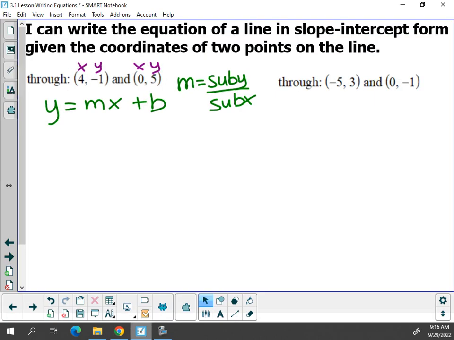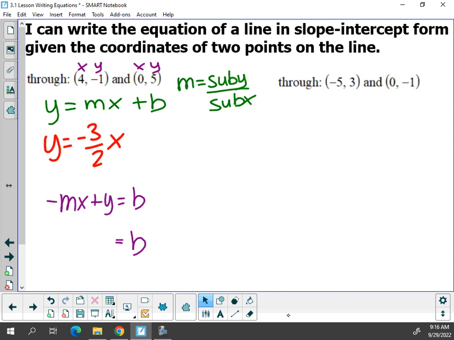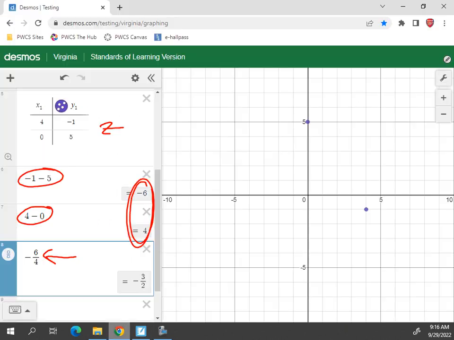And so we know that our slope is -3/2, so I can start building my equation. And then I'm going to use that negative mx plus y equals b to figure out what b is. And so we needed an x and a y. In this case, we can use either of these x's or y's. I'm just going to use 4 and negative 1. And I've saved this stuff up here.